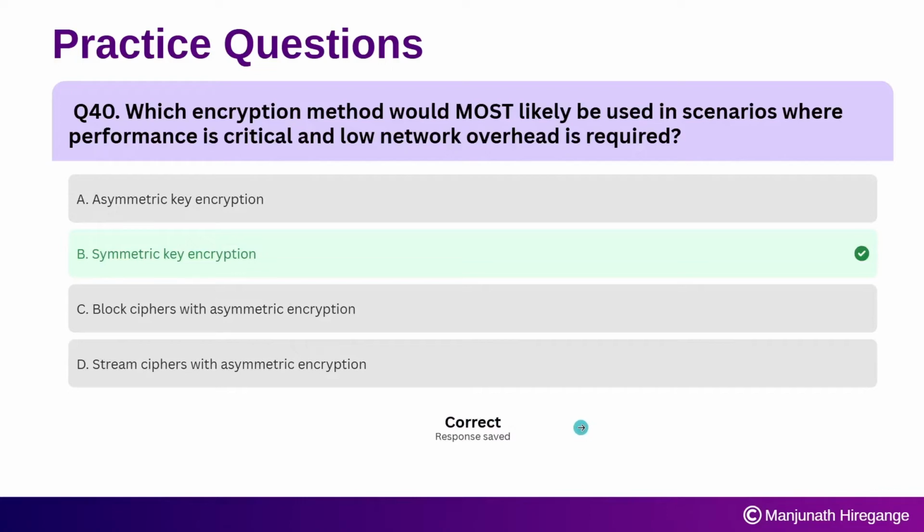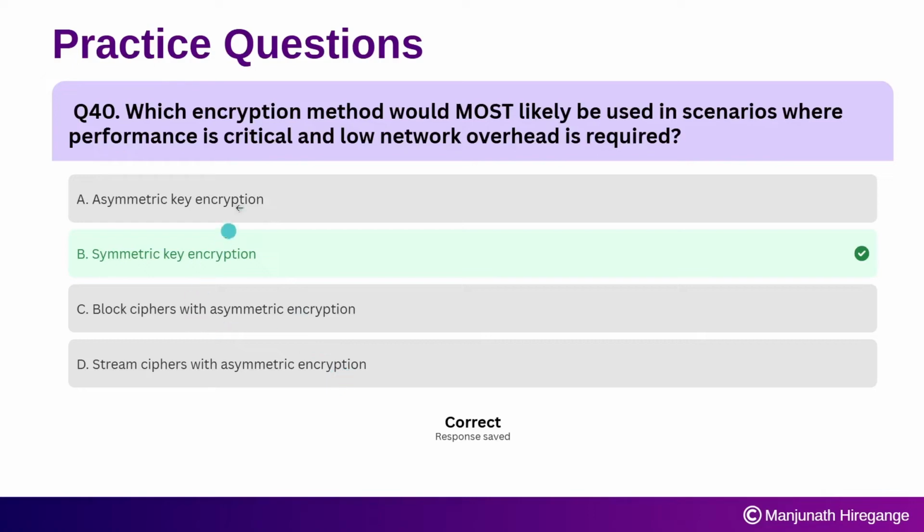Why? Because symmetric key encryption is faster and requires less computational power than asymmetric key encryption. It also uses a single shared key for both encryption and decryption, and it avoids the complex mathematical operations required by asymmetric key encryption.